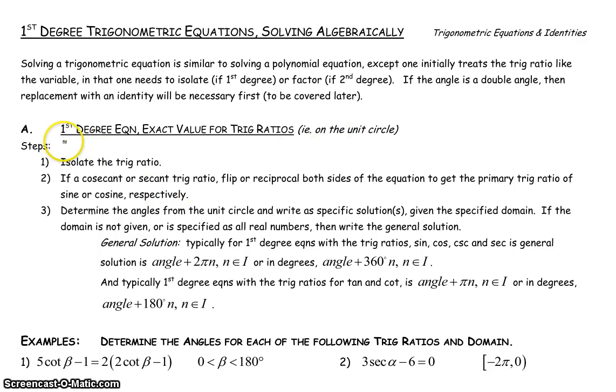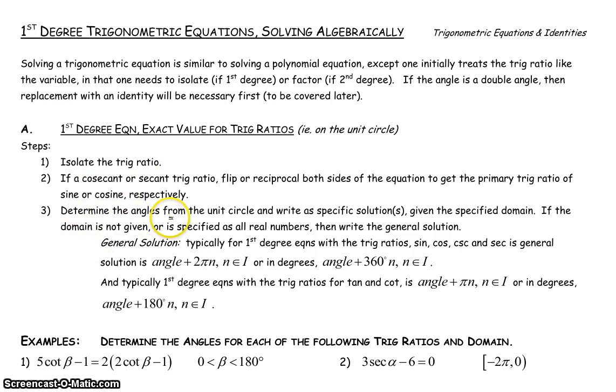So let's look at the first situation. We're going to look at a first degree equation, so that means the exponent on our trig function is just a 1. Exact value for trig ratios, in other words, it's on the unit circle. Okay, so here's our steps. We want to isolate the trig ratio, and next step, if you have a cosecant or a secant trig ratio, you want to flip or reciprocal both sides of the equation to get the primary trig ratio of sine if it was cosecant or cosine if it was secant.